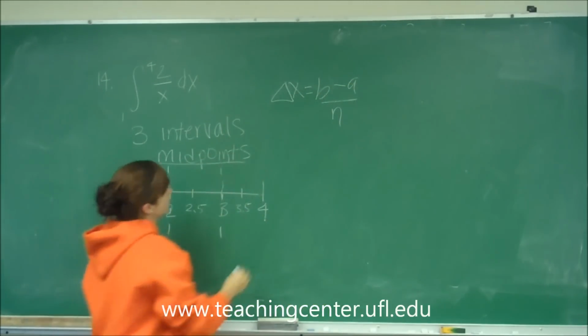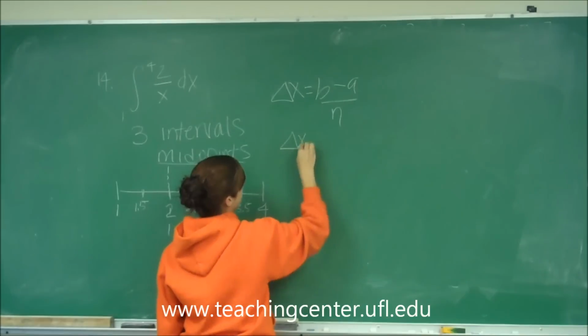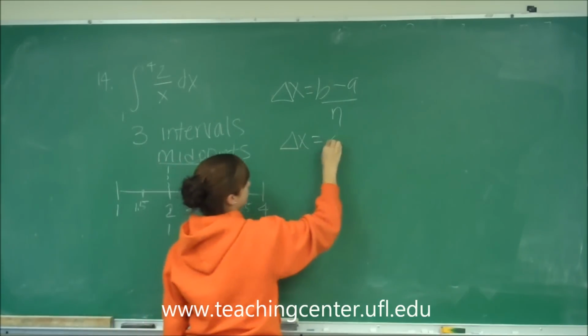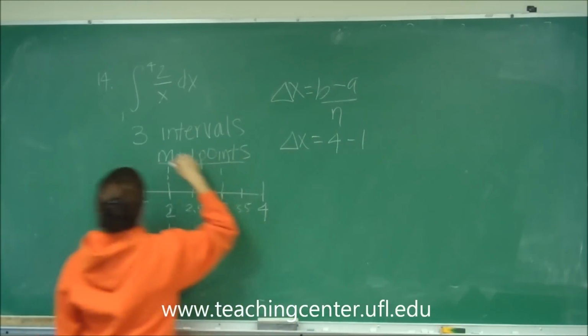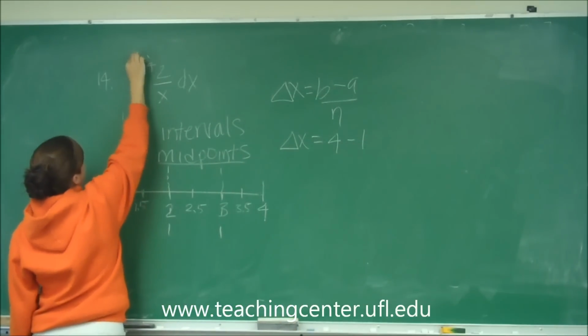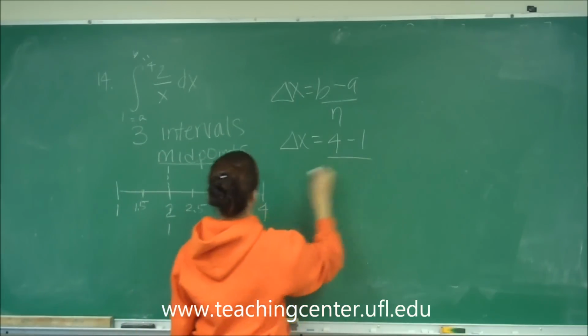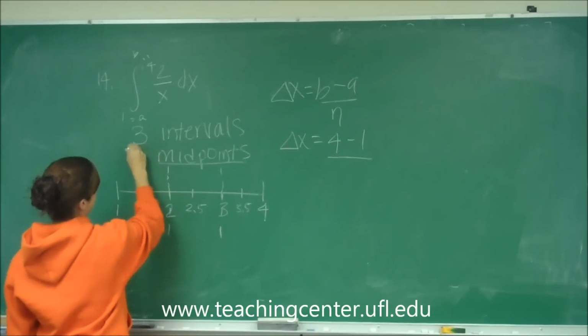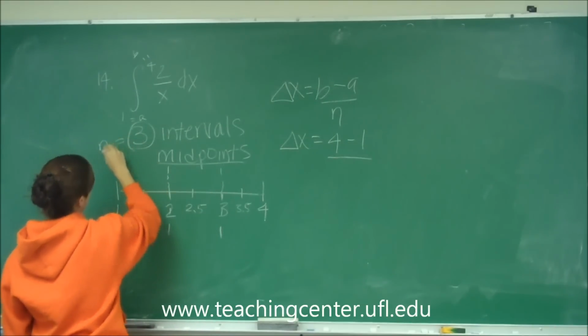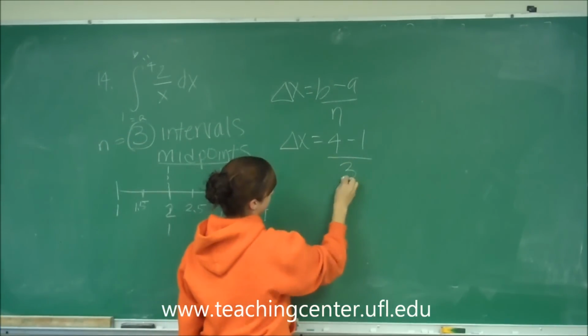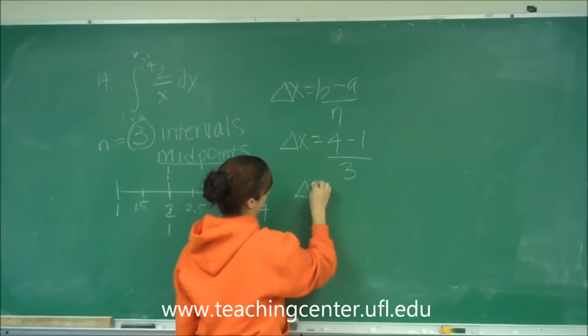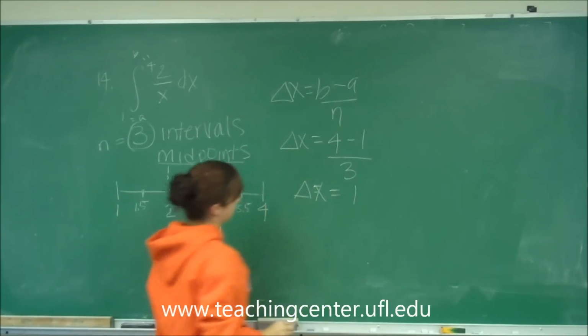So our delta x will be b, which is 4, minus a, which is 1, over n, the number of intervals we use, so that would be 3. So our delta x is 1.